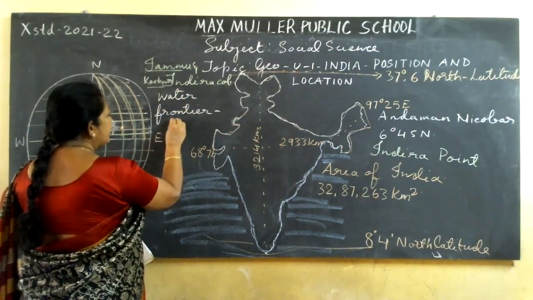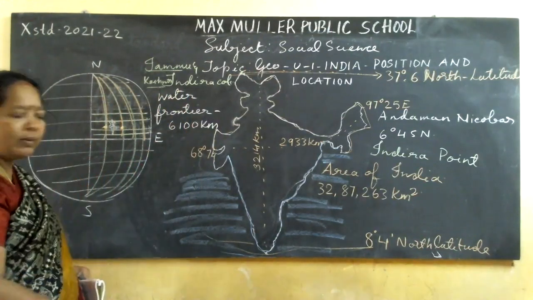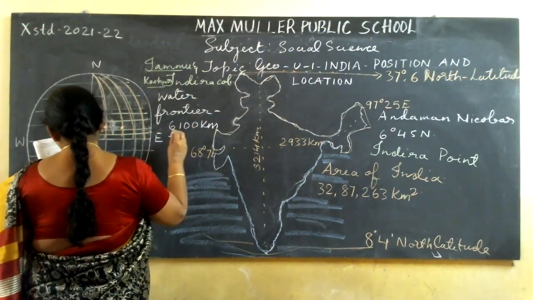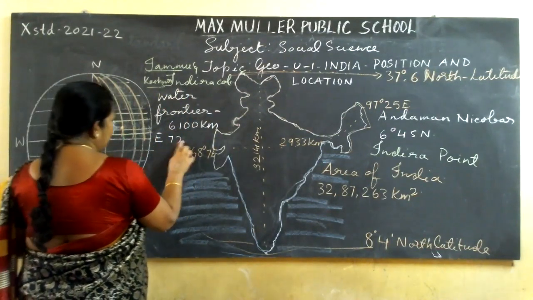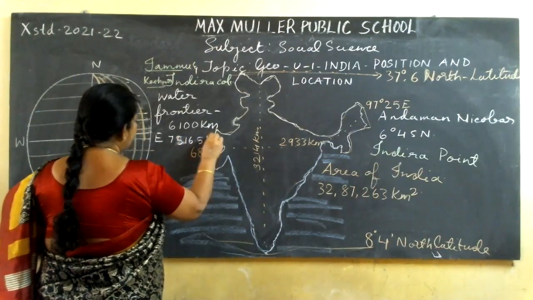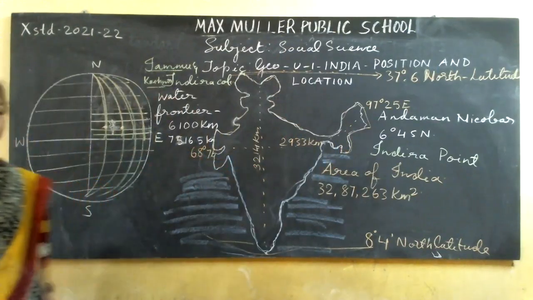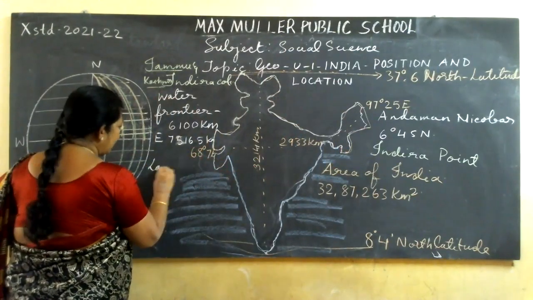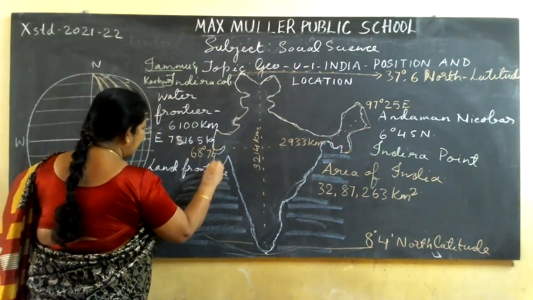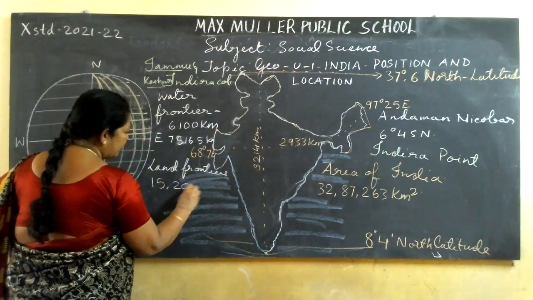Water border line is 6,100 kilometers, and including Andaman and Nicobar, it is 7,516.5 kilometers. Then land, if you see from here till here, that is land frontier, we have 15,200 kilometers.